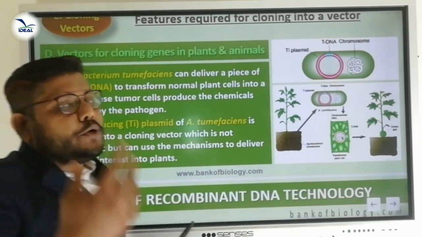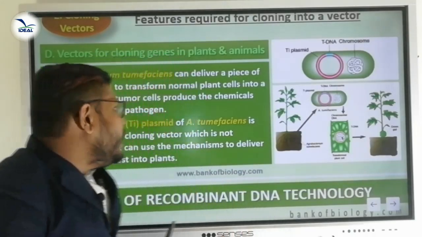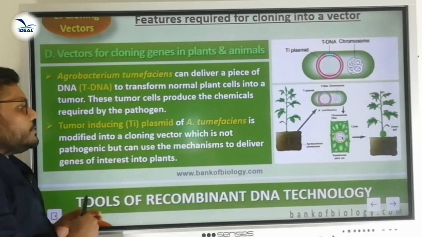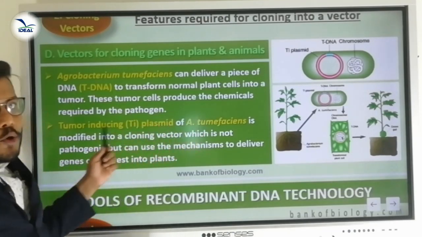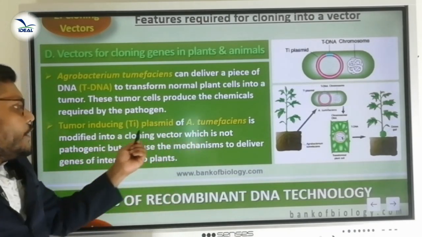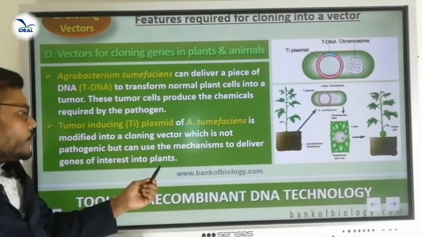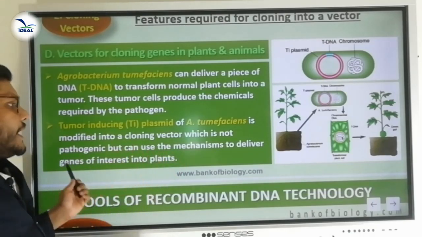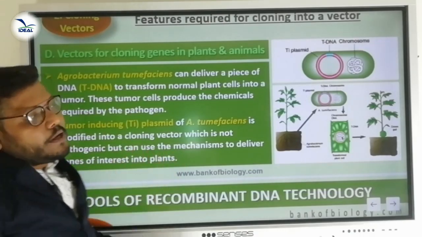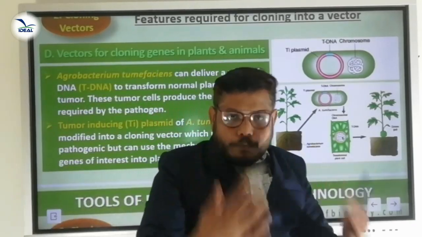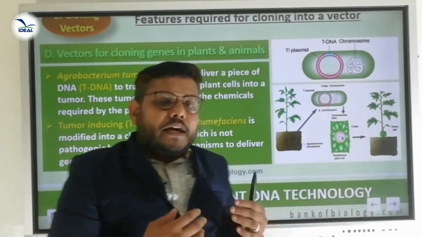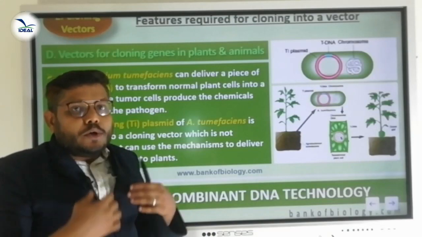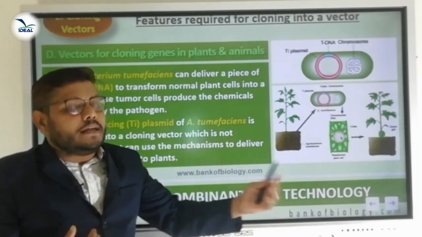The tumor inducing plasmid, or Ti plasmid, of Agrobacterium tumefaciens is modified into a cloning vector which is not pathogenic but can use the mechanism to deliver genes of interest into a plant. So in plants we are using the Ti plasmid to transfer genes from one to another.